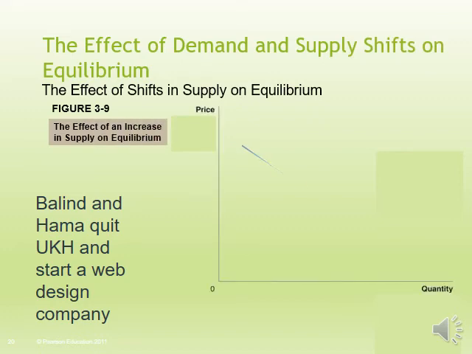So here we go back to the example of website design, and you've got a demand curve and you've got a supply curve. Currently the equilibrium price is P1 and the quantity that is being consumed is Q1.